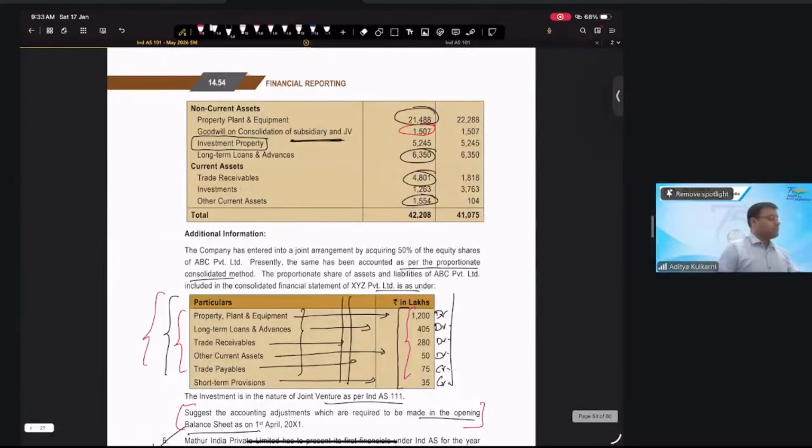No, clear. Although this holding company would have plant, property, and equipment in its books, it's highly probable that it has PPE. We could assume that, but even then it is still possible that, see what happens. Many times you have the main holding company as only an investment company.